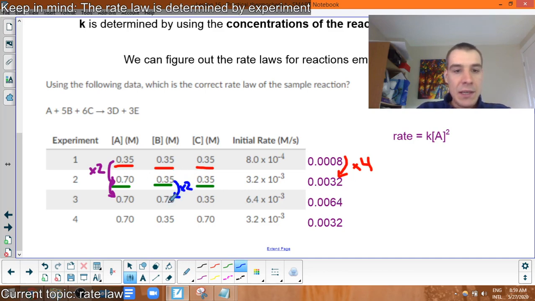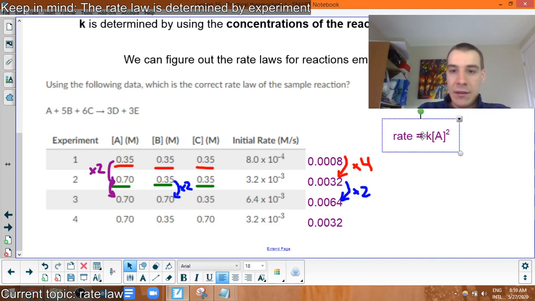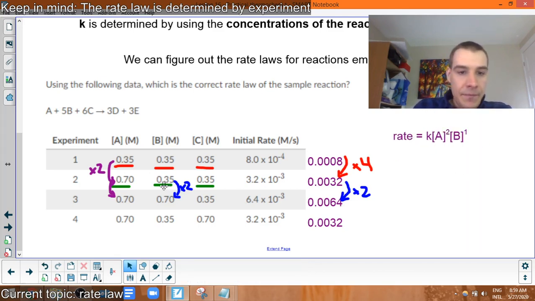And when they doubled B times 2, from this rate, it went times 2. So it followed what they did to B. They doubled B, the reaction rate doubled. And so we add that into our rate law thing, and B. It's just going to be B, right? B to the 1, basically. I'm going to write in B to the 1, actually, and I'll bring that down. B to the 1.